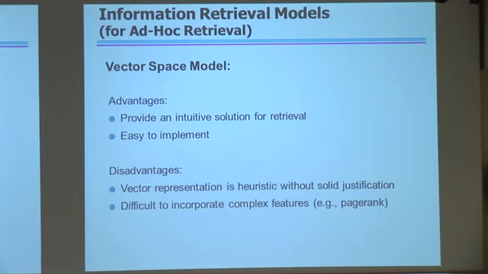Another major disadvantage is that it's difficult to incorporate some types of complex features, for example, the PageRank feature. PageRank is an important statistic used by second generation web search engines like Google to indicate the importance of a website by looking at its link structure on the internet. Because the vector space model wants to represent everything in the vector space, it's not straightforward or coherent to incorporate these features into the vector space model.